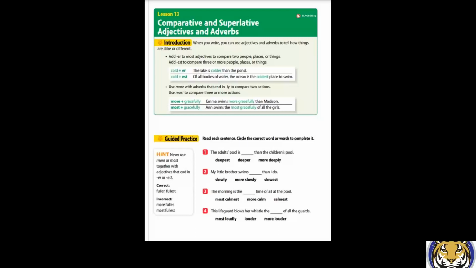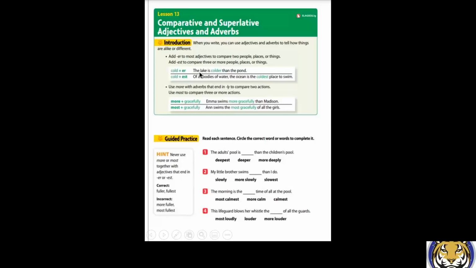Add ER to most adjectives to compare two people, places, or things. Add EST to compare three or more people, places, or things. So if you look in the middle, you have cold plus ER makes colder. The lake is colder than the pond.